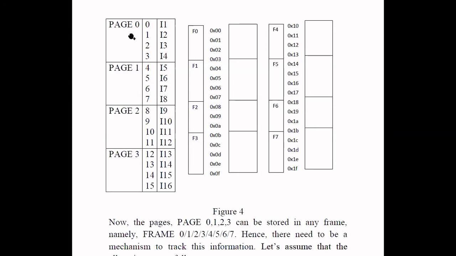Page 0 stands for the first page, page 1 the second, and it goes on. This is the page number. We need some more details when doing the mapping. The byte numbering alone is not sufficient, so we maintain a numbering for the pages also. Page 0 means the first page, and 1, 2, 3 go on. The 0, 1, 2, 3 represent the byte numbering with respect to the instruction.